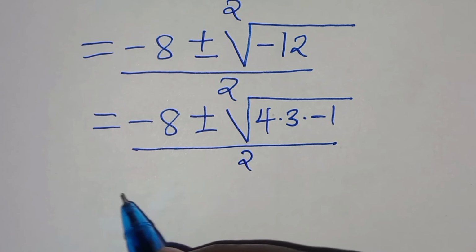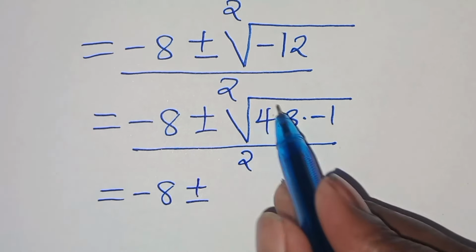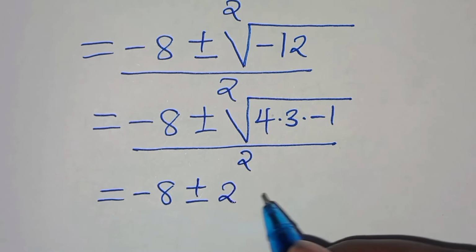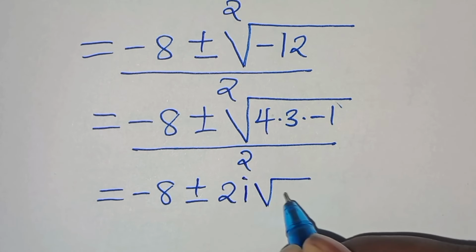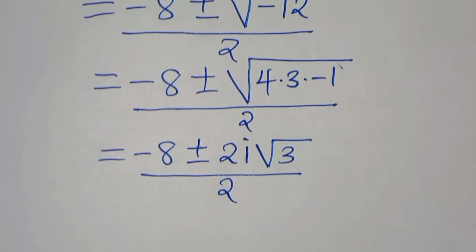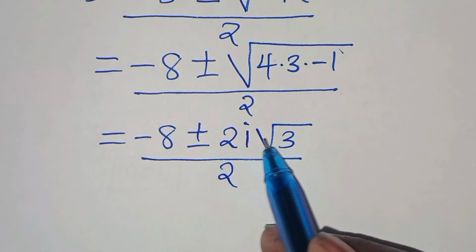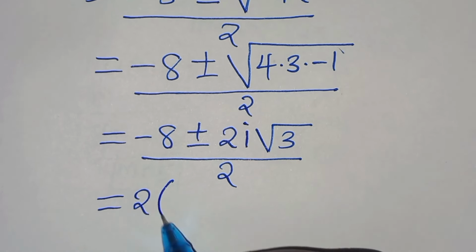So that now this is minus 8 plus or minus the square root of 4, this is 2, square root of minus 1, this is i, then square root of 3, everything here divided by 2. In the numerator here, 2 is common. We can factor out 2 into the parentheses.